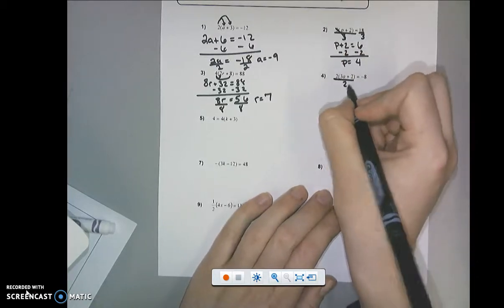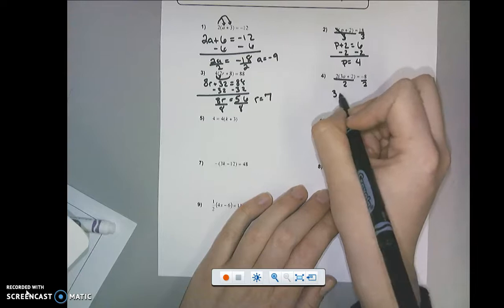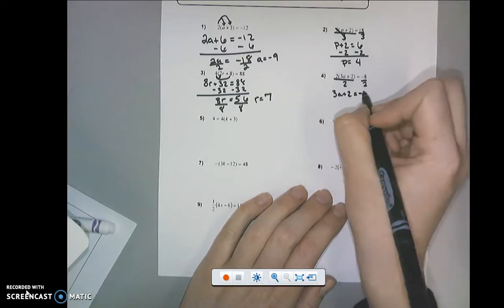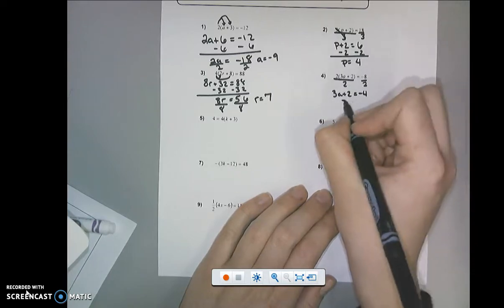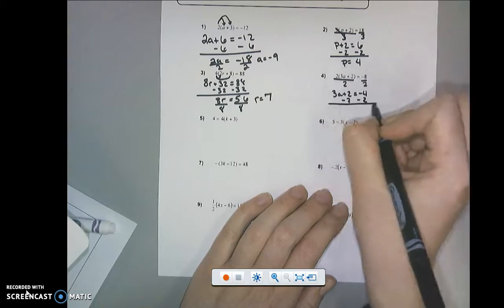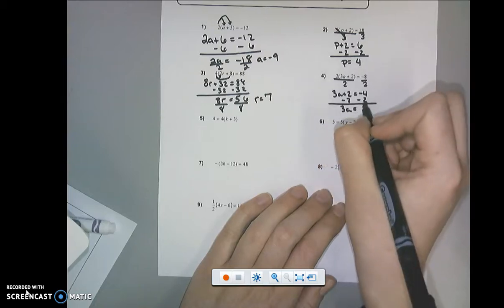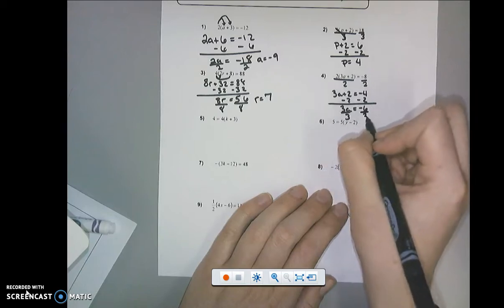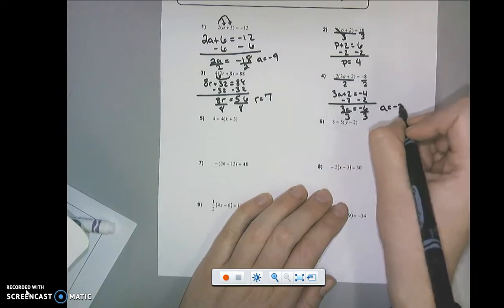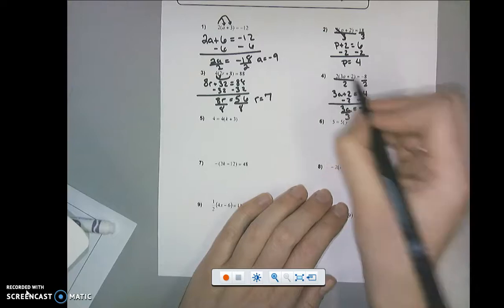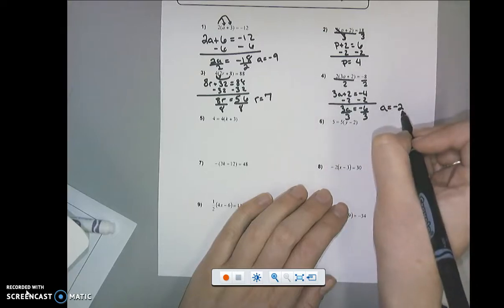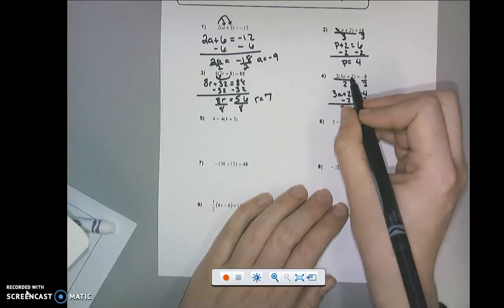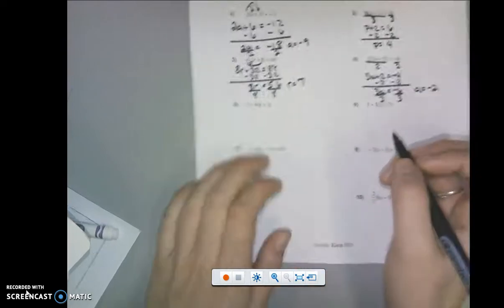I'm going to divide by 2. So I have 3a plus 2 equals negative 4. Subtract 2. 3a equals negative 4 minus 2, which is negative 6. Divide by 3, and a would equal negative 2. And I can check. 3 times negative 2 is negative 6. Negative 6 plus 2 is negative 4. Negative 4 times 2 is negative 8.